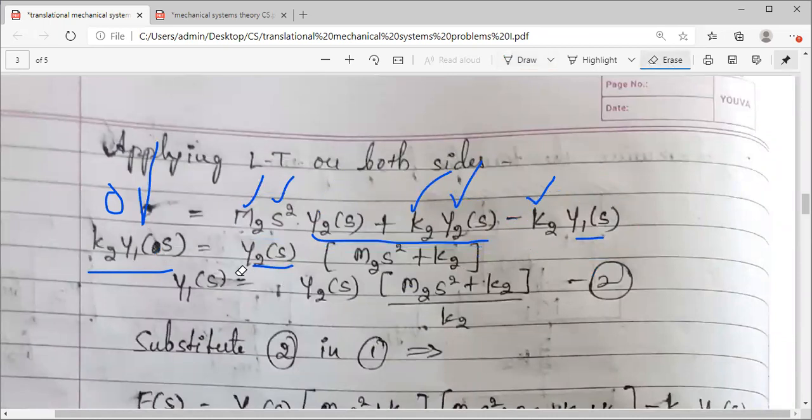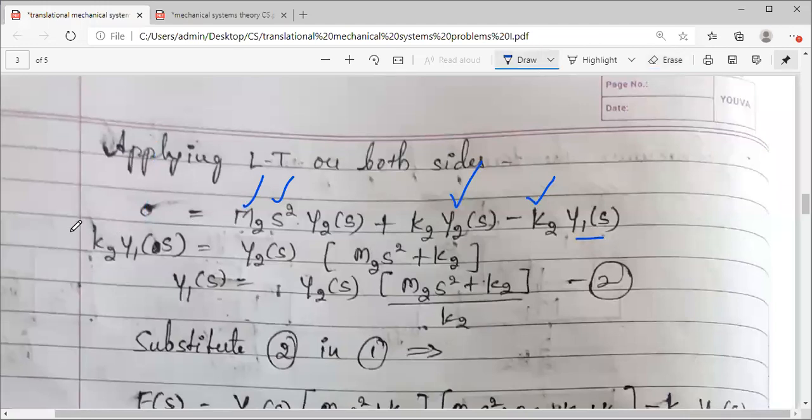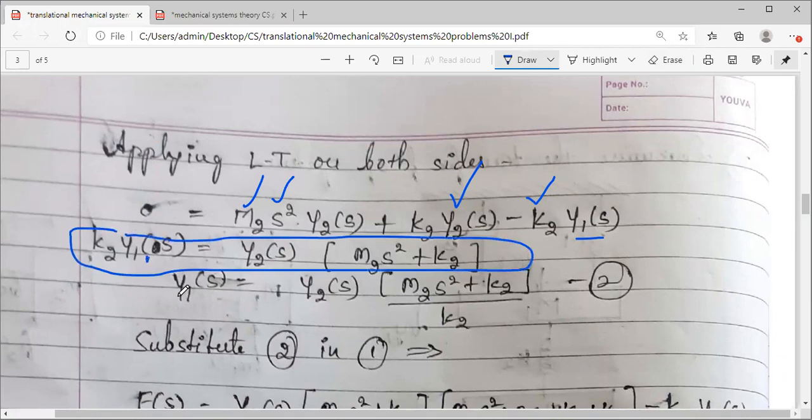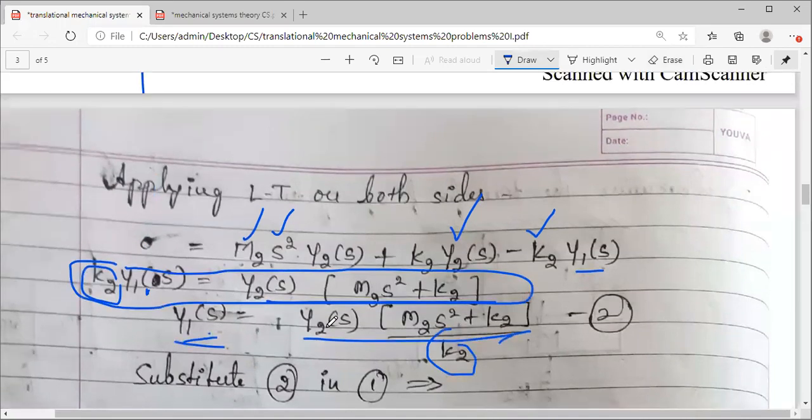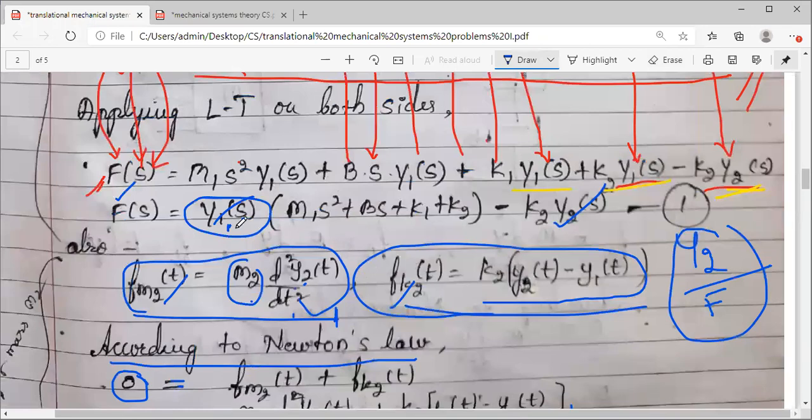So y1 of s निकालना पड़ेगा, उसके लिए make use of this equation which we have got from the second body m2. If you observe here, this is your equation which you have got. इसमें से आप y1 के लिए एक equation ले लो, y1 is equal to whatever you have written, and ये जो k2 है इसको denominator में लेके जाओ. तो y1 के लिए एक equation मिल गया. Substitute this in your equation 1. यहाँ पे जो y1 है इसमें आप उसको substitute कर दो.